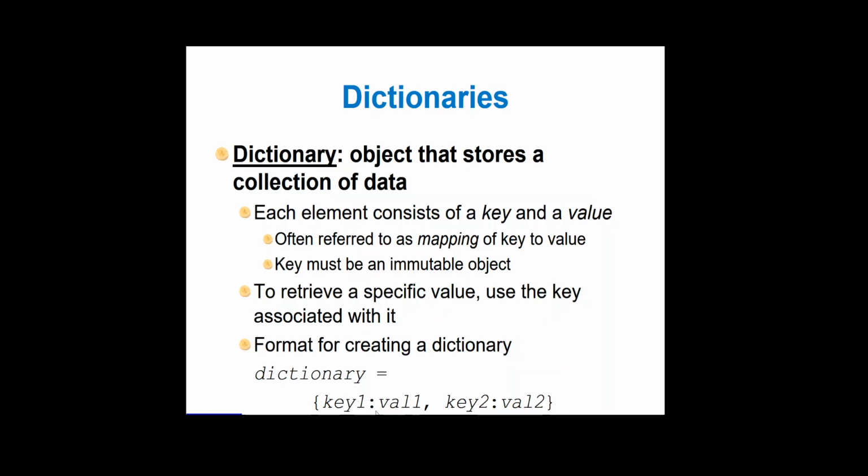So in that case, it will be a valid key. And then we have a value. The value can be of any type, literally any type. Then, if we are going to have other key value pairs, we separate them by commas, similar to what we did in lists and tuples, and then those will be enclosed inside braces, and that's our dictionary. That's how we create it.